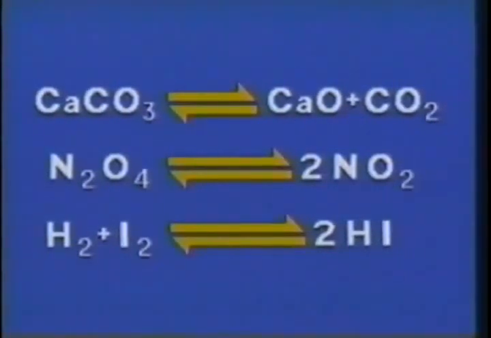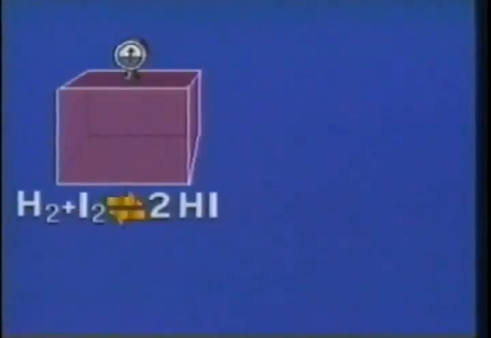Of course, since we can't actually see the molecular activity to prove our model valid, it would be nice to have some experimental evidence of dynamic equilibrium. Let's take a container of hydrogen and iodine at a fixed temperature and pressure and allow it to reach equilibrium.